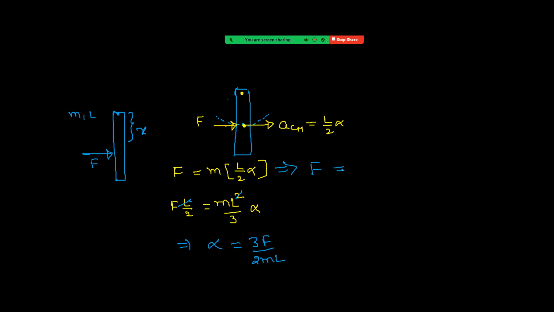Now take that in this one. F equal to m into L by 2, in the place of alpha, 3F by 2ml. Cross check once. Is it okay? 3F by 2ml. Now simplify this. Mass cancelled, L cancelled. Wait. I made a mistake here. This is applied not at center of mass, okay? Condition is given that applied at a distance x, right?